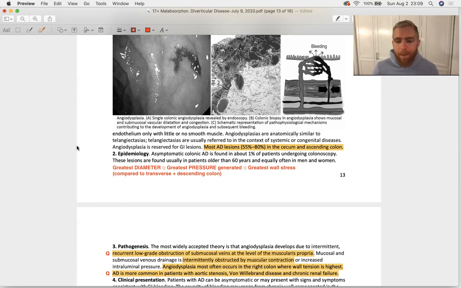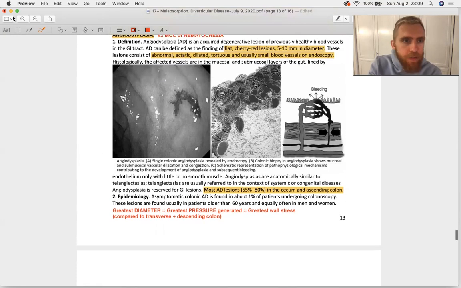Now, it just so happens that the right side of your gut squeezes harder than the left side. So when it squeezes, as this wonderful cartoon on the right side of page 13 illustrates, it compresses veins, leading to backflow, high hydrostatic pressure in the capillary bed. You get some diffuse bleeding into the epithelial layer, the mucosal layer.